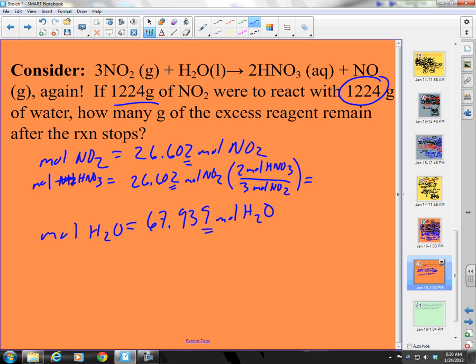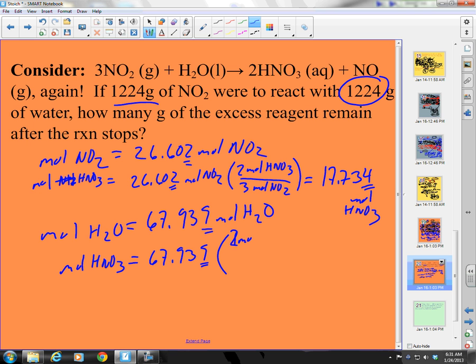Let's take my 26.602 times 2 divided by 3, and I think I get 17.734 moles of HNO3. And if I figure out the moles of HNO3 that would be produced from my water, 67.939 times my mole ratio, 2 moles of HNO3 per 1 mole of water. And what do I get?